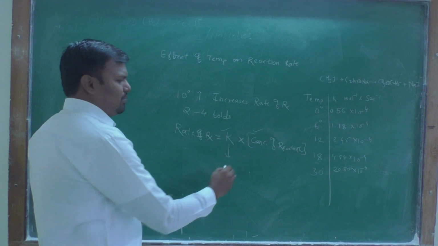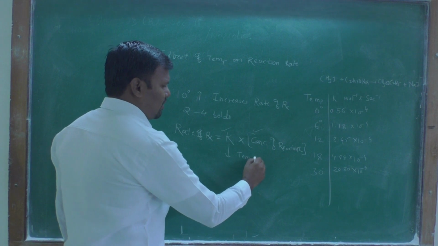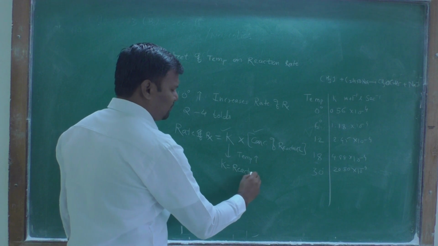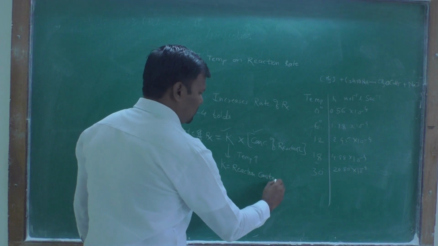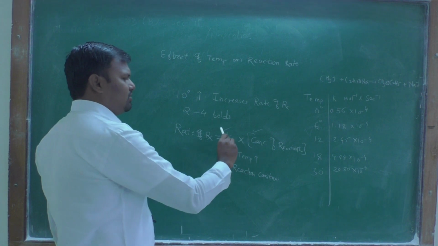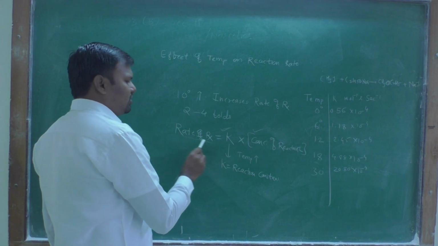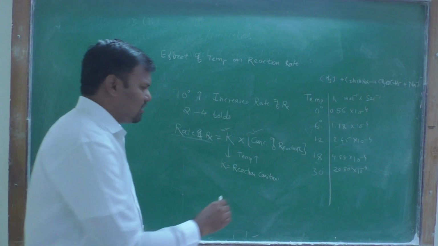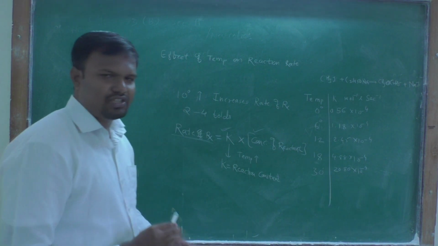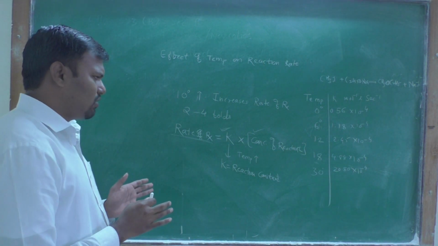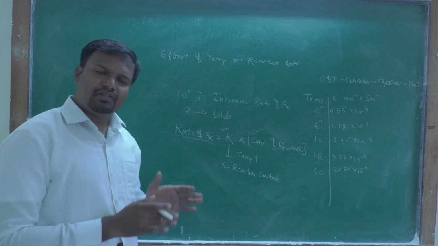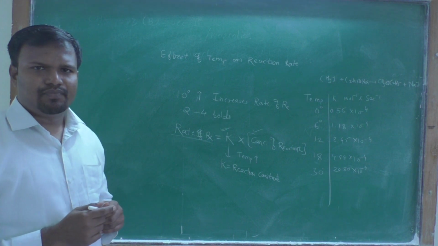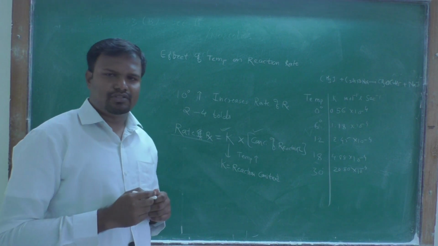As we increase the temperature, it increases the reaction constant. This is a multiplication, so when this quantity increases, this quantity will increase. With increase in temperature, the reaction constant increases. Therefore, as you increase the temperature, the reaction rate increases up to a certain temperature.